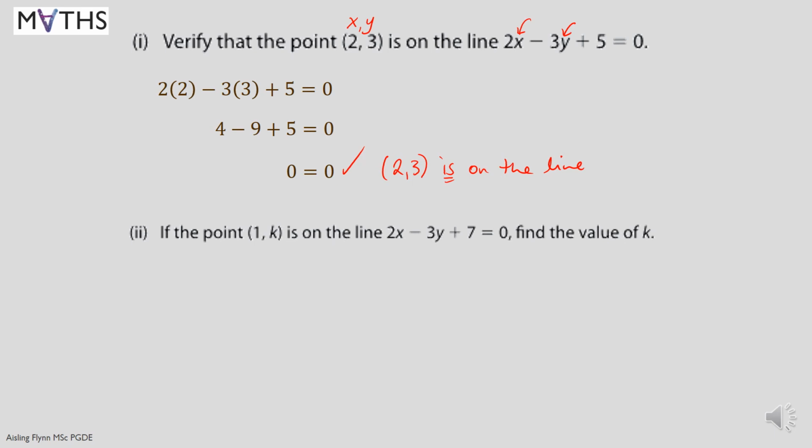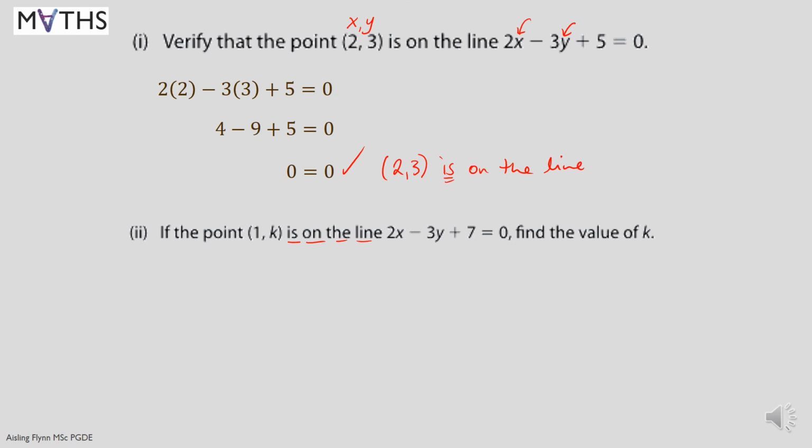Okay, second question. If the point 1, k is on the line 2x minus 3y plus 7 equals 0, find the value of k. Now students, when they're given letters instead of numbers, tend to get confused, but you shouldn't. We're told it is on the line, so it's part of the line.